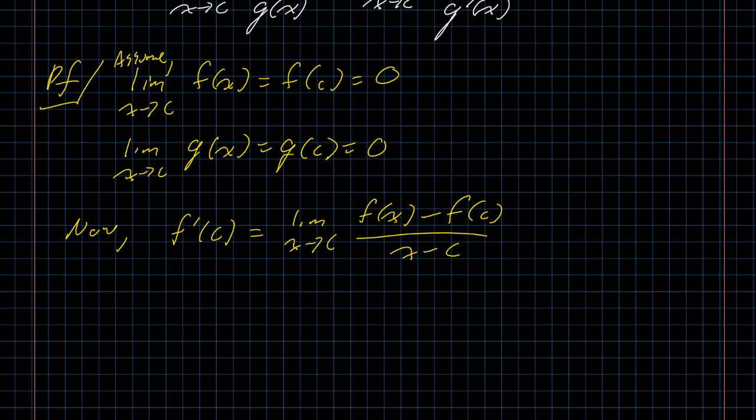If you plug in x equals c plus delta x, then this turns into the more familiar version of the limit definition, but it does still work. We can do the same thing for g of x. g prime of c is equal to the limit as x approaches c of g of x minus g of c all over x minus c.